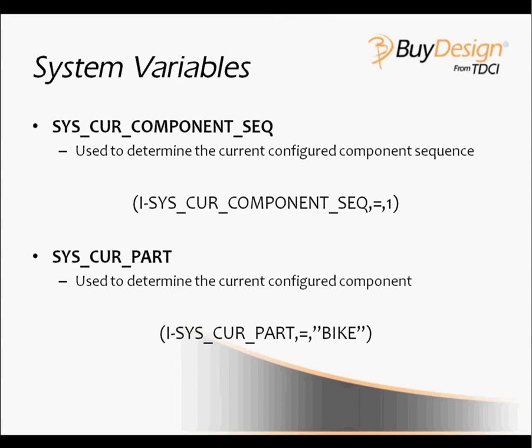The entry door system is what I sell, but it's actually comprised of two configured items, a door frame and a door. The entry door system would have a current component sequence of 1. The first configured component I called, which would be the frame, would have a component sequence of 2, and then when I call the door, it would have a component sequence of 3.